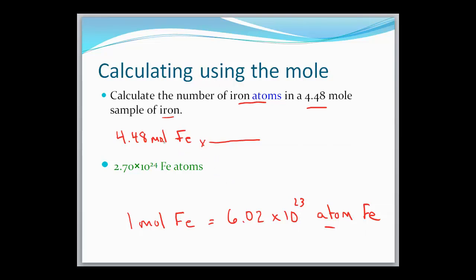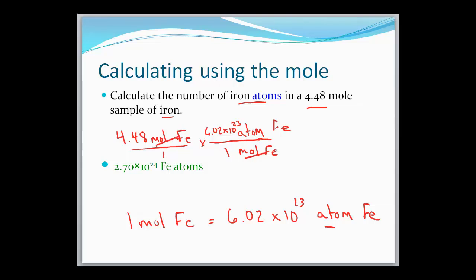So if we want to get rid of moles, which is in the numerator, remember you could think of that as over 1. So we would want moles in the denominator, what we're converting to in the numerator. So we can say 1 mole of iron is equal to 6.02 times 10 to the 23rd atoms of iron.